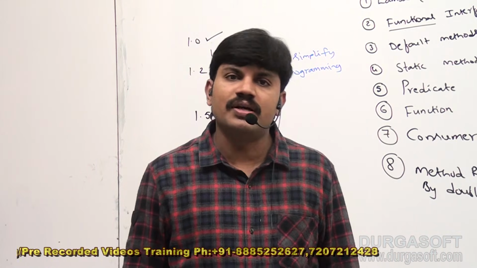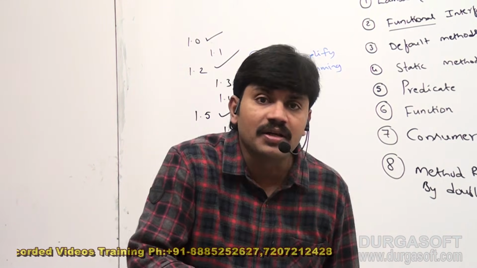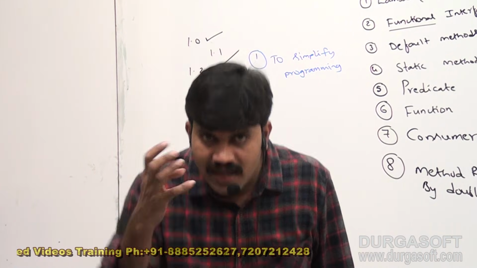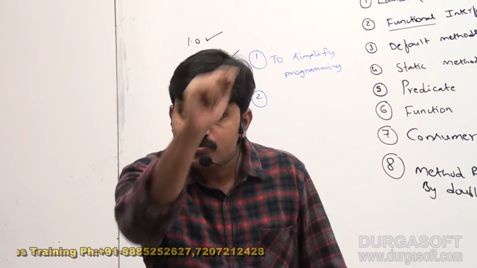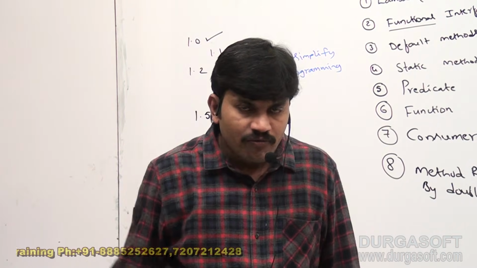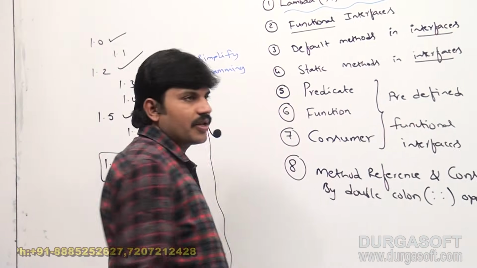So to enable functional programming in Java and get its benefits, this 1.8 version came into the picture. For that, Lambda expressions were introduced, sir. Are you able to understand, right?